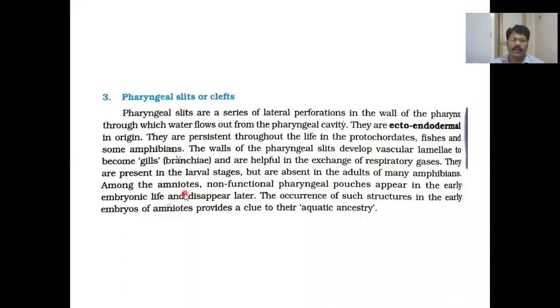And in case of amniotes, these are non-functional and appear only in embryonic life. And later these are replaced by the lungs. So that means the appearance of these pharyngeal pouches gives us an indication of aquatic ancestry. That means the earliest form of life began in water.